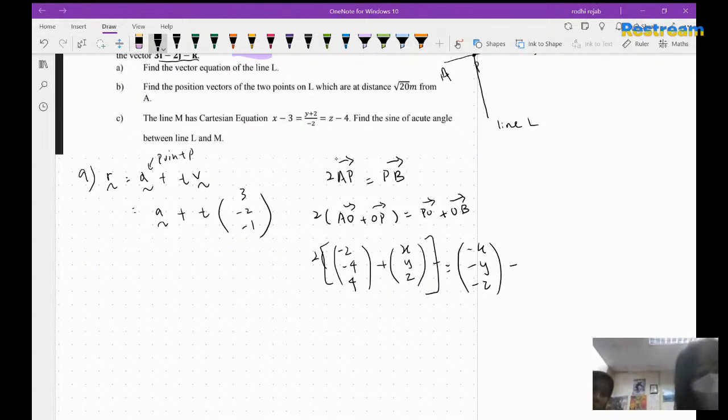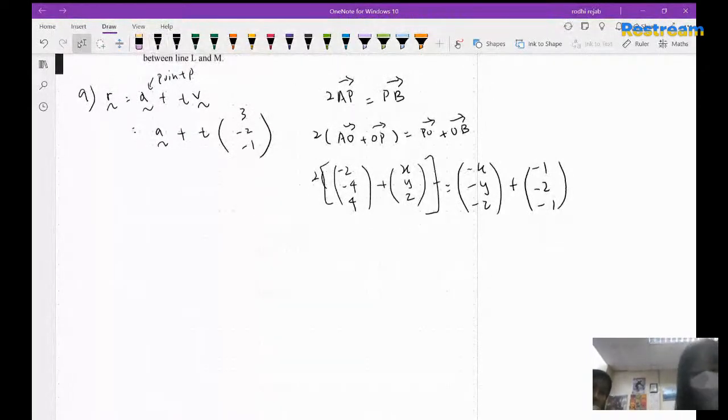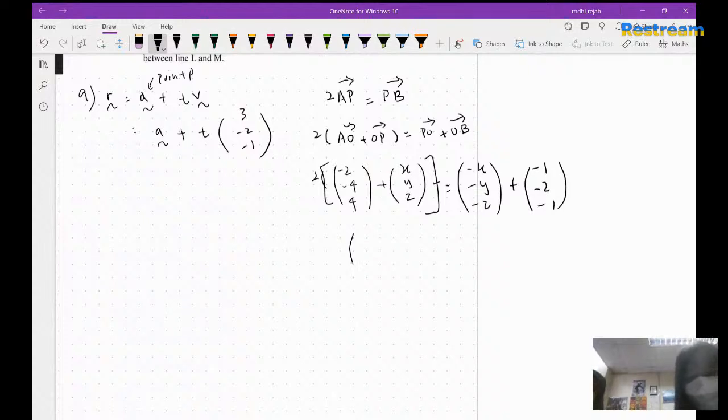When you do the calculation, you will get x, y, z equals 1, 2, and -3. So this is our point P.